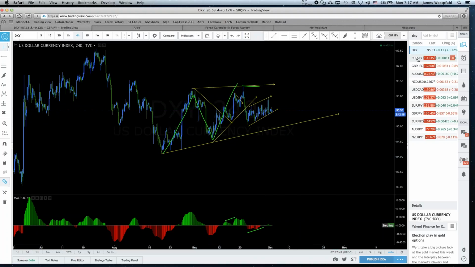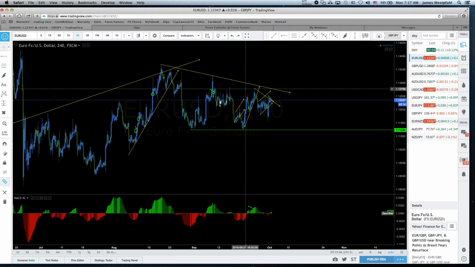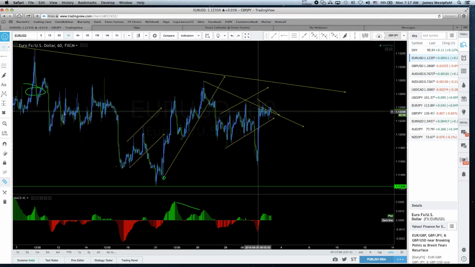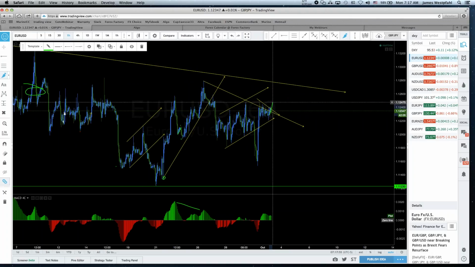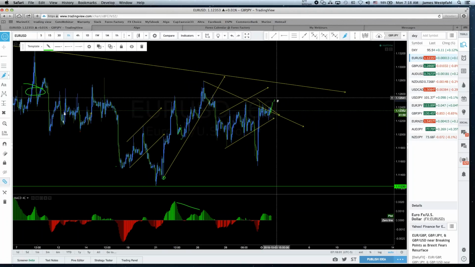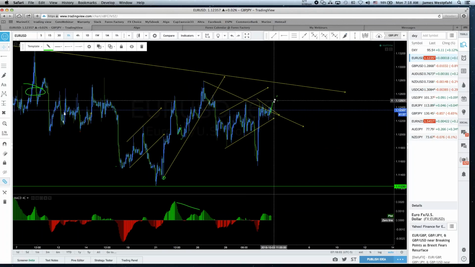So if that's going down, EURUSD will be going up. Right now we have some consolidation at the trend line. So if this starts to break, gives you a 1 hour close outside of this, and you get a couple of 15-minute sideways or leading candles, you could take a long on that.